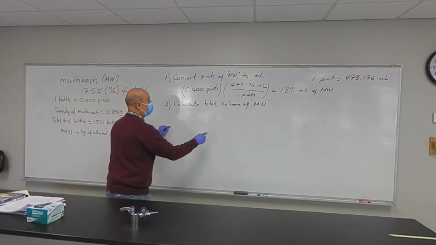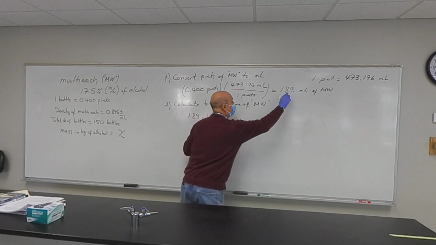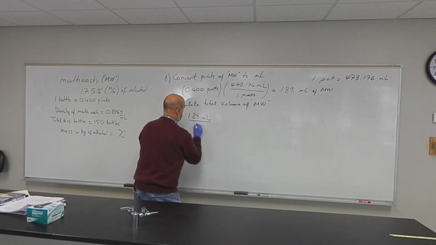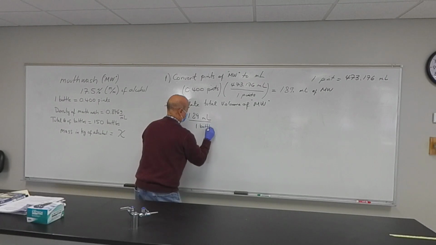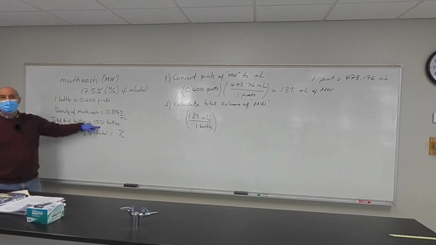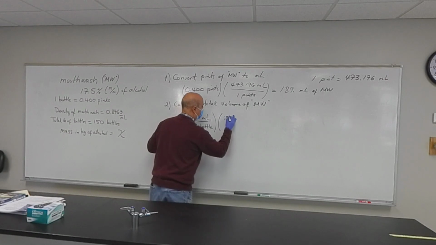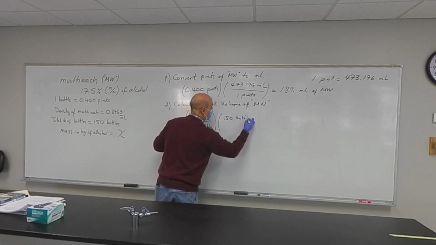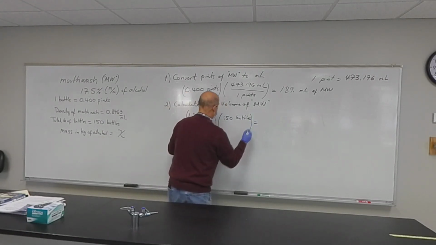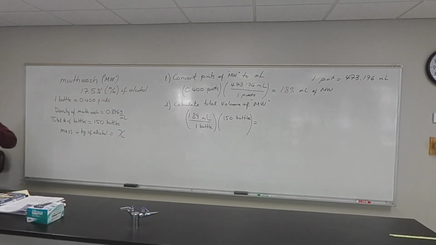So what do we do? We have 189 milliliters. Remember, I kept telling you this is per bottle, in one bottle. How many bottles do we have total? 150. So if I multiply this number by 150 bottles of mouthwash, divided by 1, of course, it gives me the total amount of mouthwash that I have in volume.